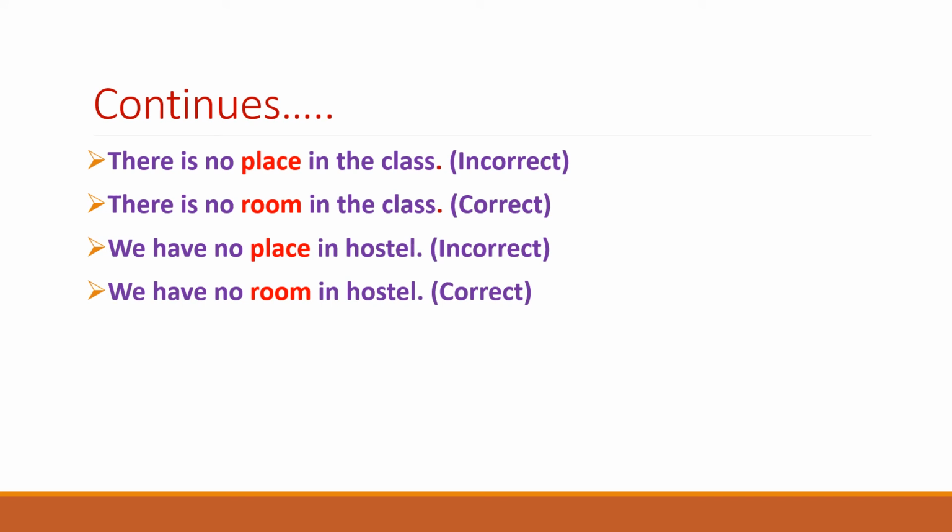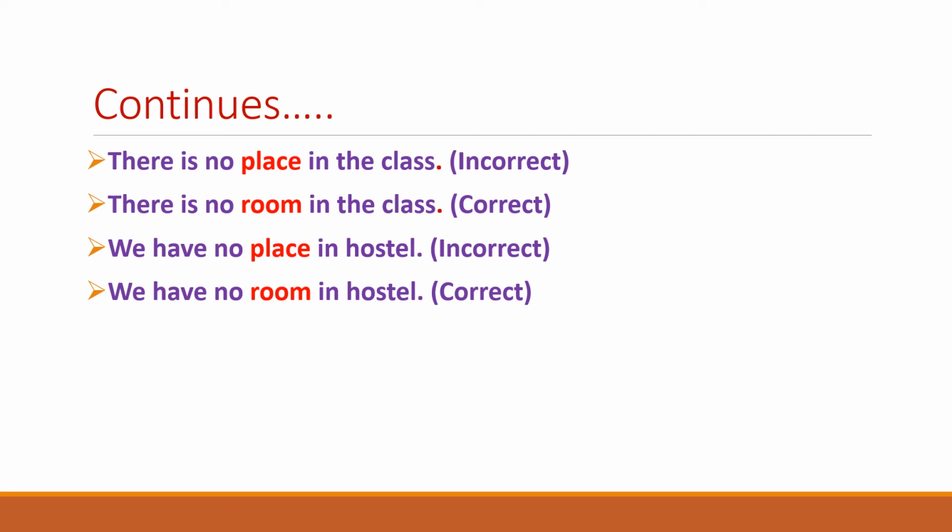Continuing with further examples in the same rule, the next sentence is, there is no place in the class. The class has been filled up to its maximum capacity. No further students or persons can be accommodated there. That is why the word place has been used. But we have already stated that place is the incorrect use for showing the availability of space.